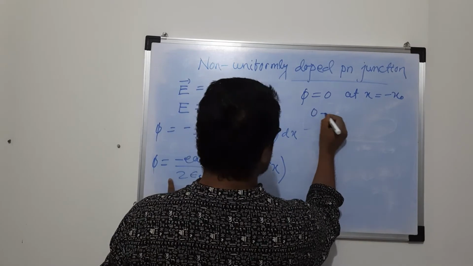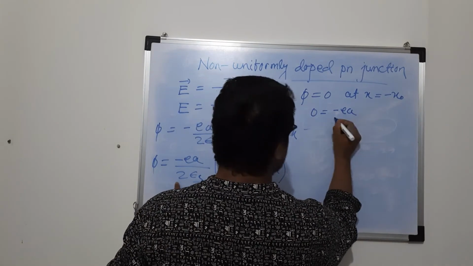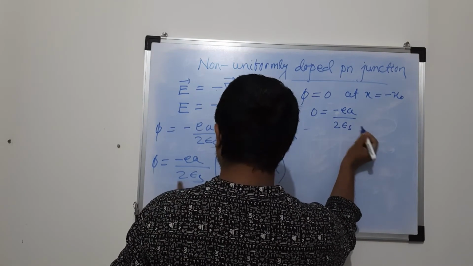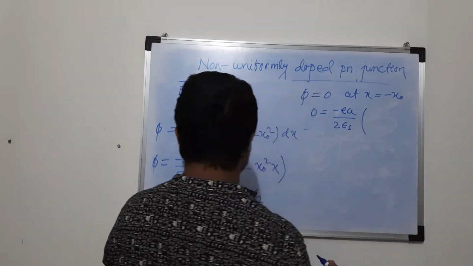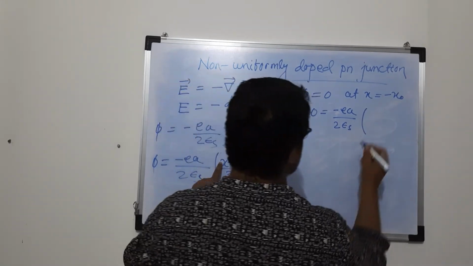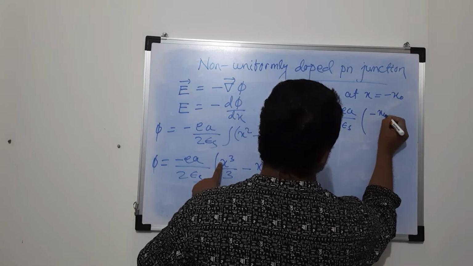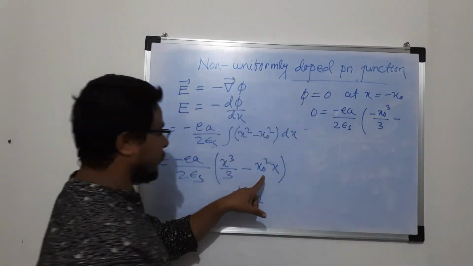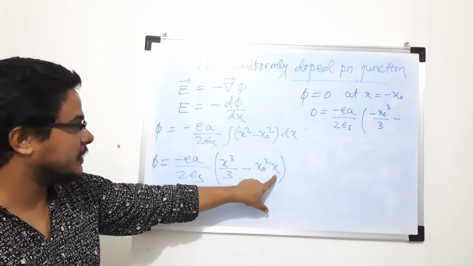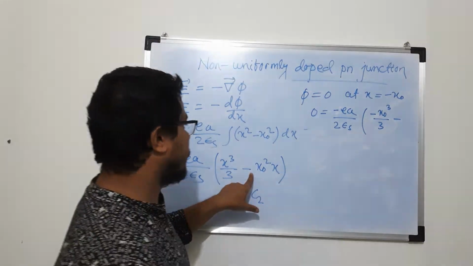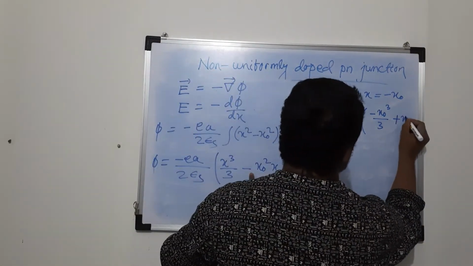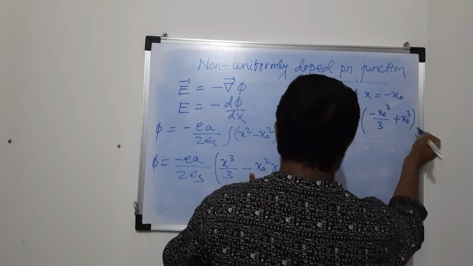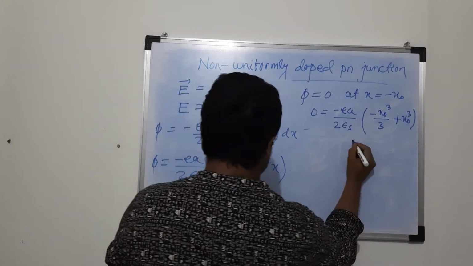So 0 is equal to minus EA divided by 2 epsilon s, and here in the bracket we have x equals minus x0, so I get minus x0 cube divided by 3, and minus here we have x0 square times minus x0, which gives plus x0 cube, and then plus C2.